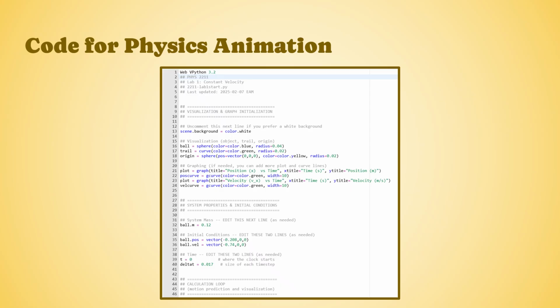This is the code that I used in GlowScript with my inputted position, velocity, and change in time values. The position and velocity values are both negative because we rolled the marker from right to left, and using a traditional physics coordinate system, plus x is in the rightward direction and minus x is in the leftward direction.